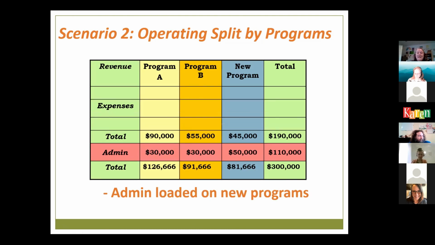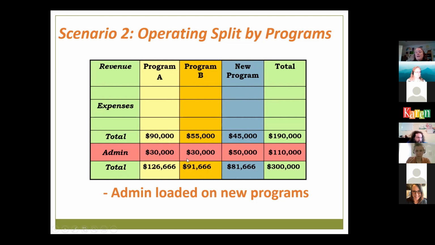Okay. So here's an example where I have actually changed the way I'm allocating my admin, still the same amount of admin, but I'm saying, hey, funders want to fund these new programs more than they do with the old funders. So I could justify actually putting a different amount of admin for my new program, different than my existing program.